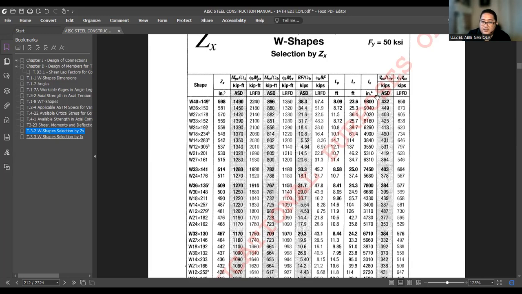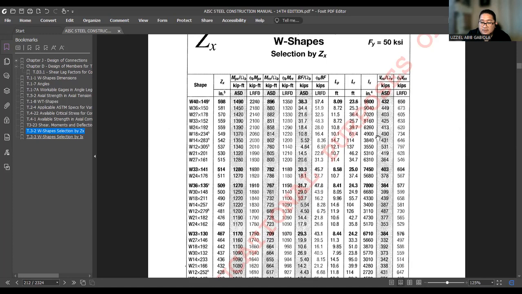Tsaka dito ma-check mo din yung LP, LR na ginagawa natin to check kung pag hindi fully restrained yung atin, kung halimbawa, inelastic LTB siya, elastic LTB, or no lateral action, no? Lateral torsional buckling.